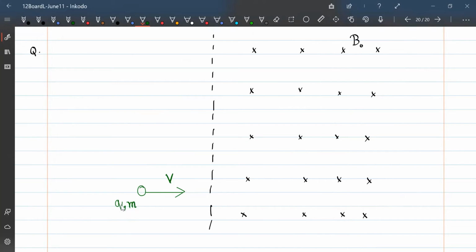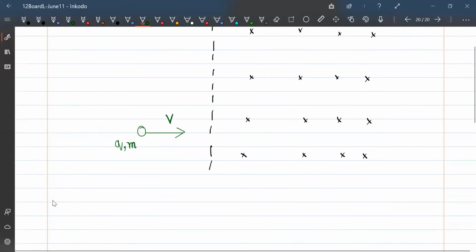You have to analyze the motion and tell me whether the motion is circular or any other type of motion. First, analyze the motion.